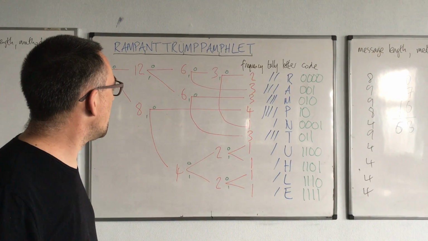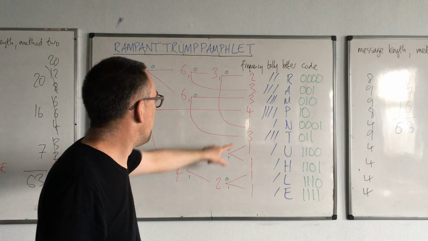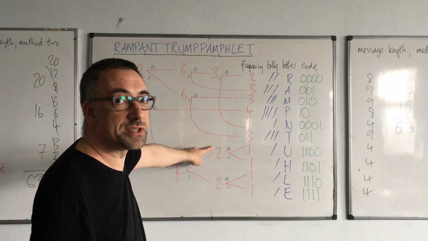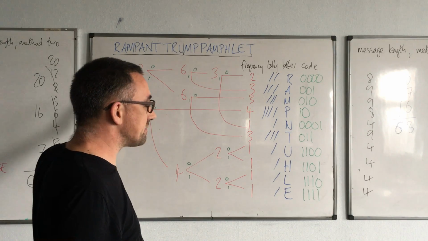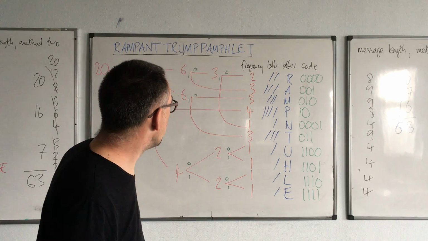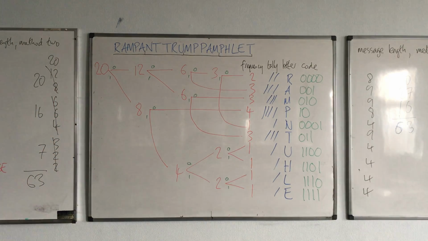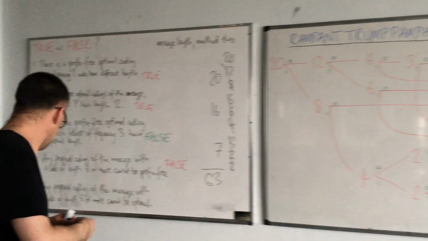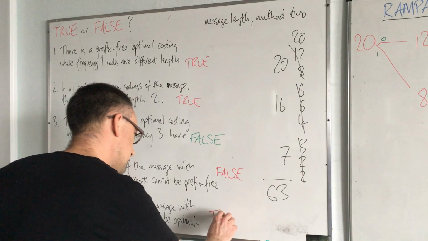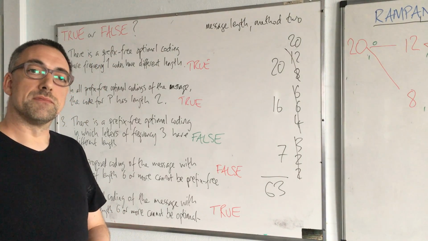So if we were to do that, we would indeed have made a 3 by grouping this one with this 2, but the 3s would still have been the same depth down. So we can get as far as an optimal code with length 5, but length 6 will not be possible. So the last part of the question is actually true. So that's the problem finished.